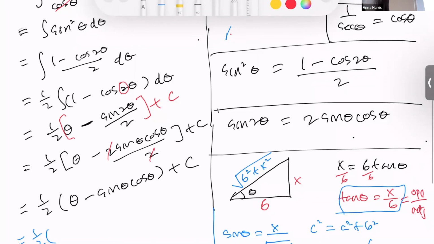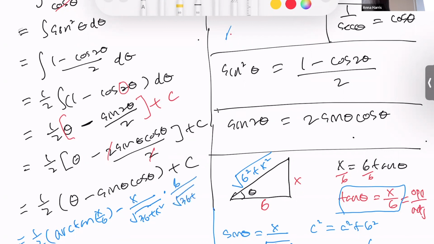So theta is arctangent of x over 6. All right, minus what's your sine? x over square root of 36 plus x squared. Let me just write down 36 plus x squared, okay? What is the other one? What is cosine? 6 over square root of 36 plus x squared, plus c.